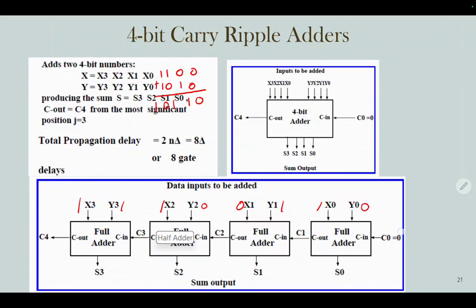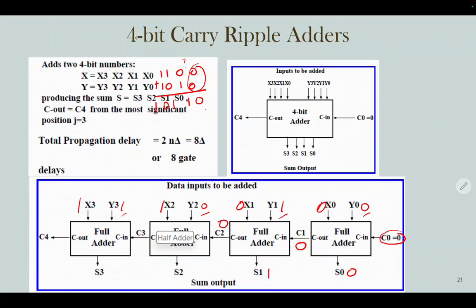First you give the input C in equals to 0. The inputs are 1 1 0 0 and 1 0 1 0. 0 plus 0, sum equals 0, carry equals 0, no carry. 0 plus 1, sum equals 1, no carry.